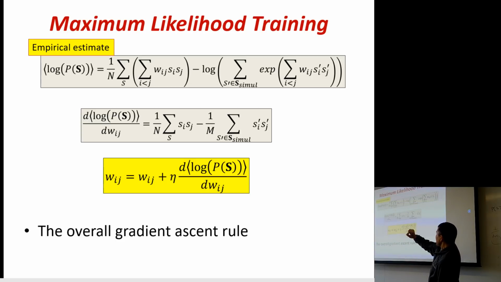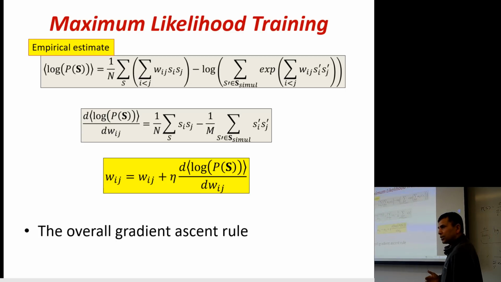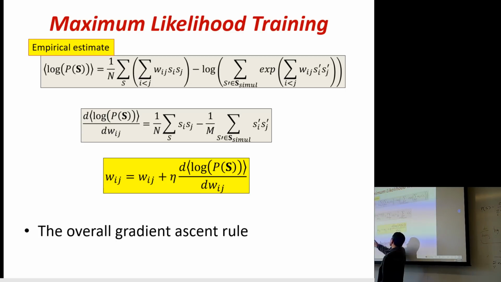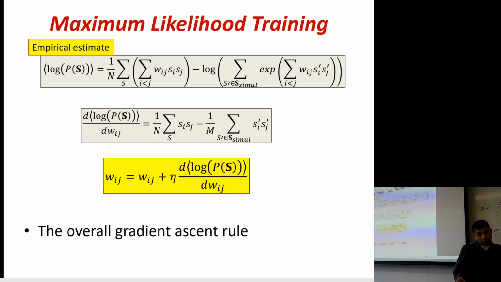So now the empirical estimate for the derivative of the log probability for the training data is going to be the summation over the average over all the training instances of the negative energy for the training instances, minus the log of the summation over all the simulated samples of the denominator term.